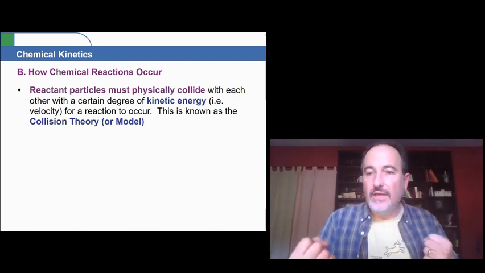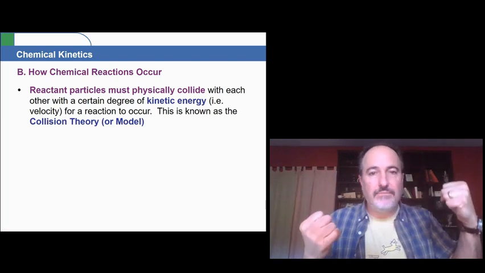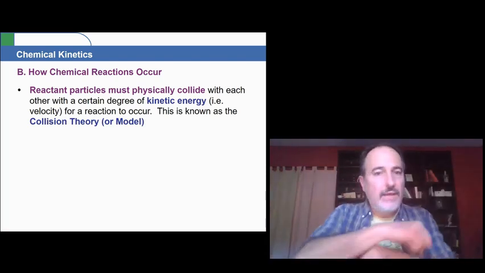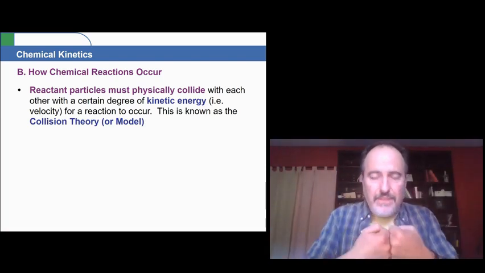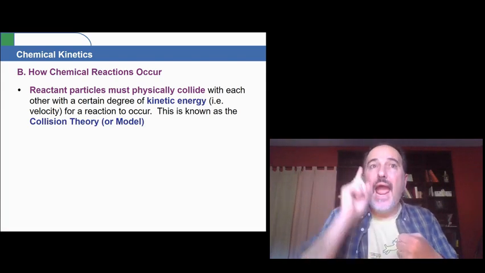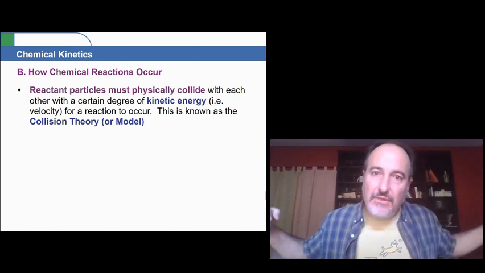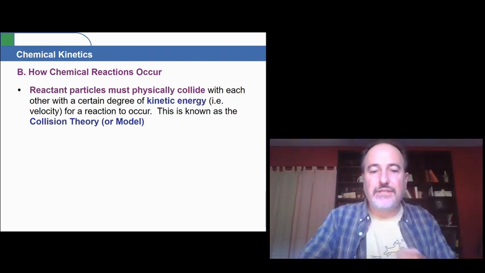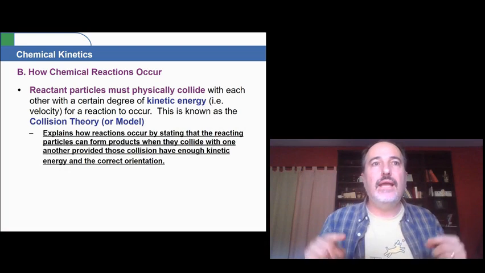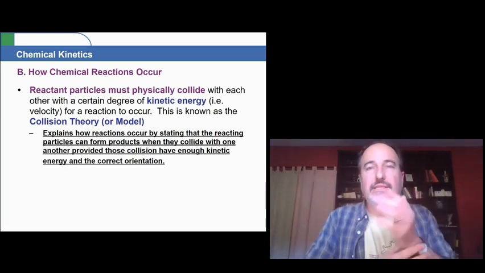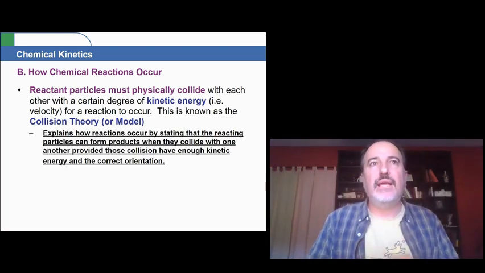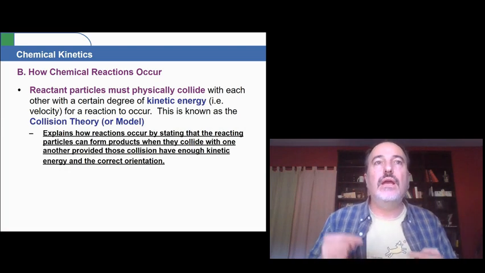All right, so if you have one reactant particle, another reactant particle, they're flying around, they're moving around, they have to bump into each other. And with a certain degree of kinetic energy, i.e., they have to hit each other fast enough for a reaction to occur.